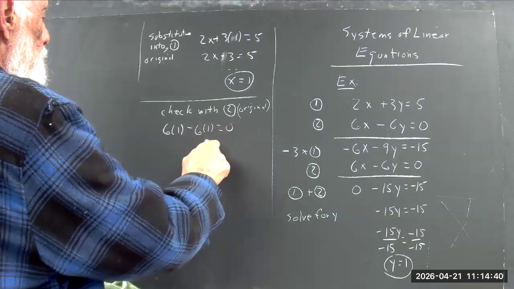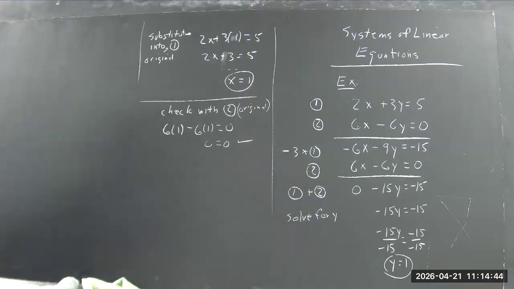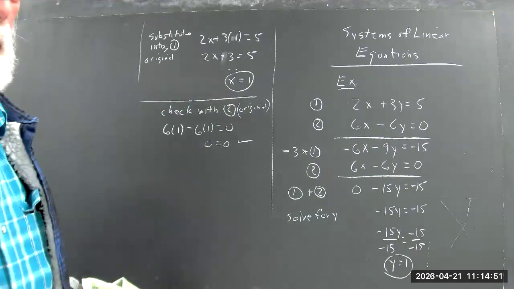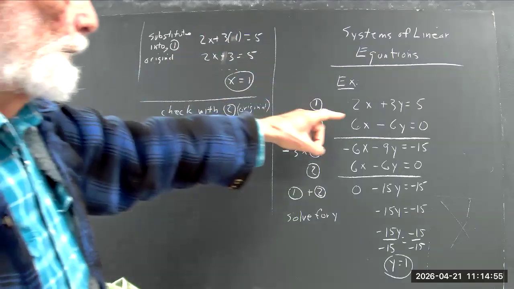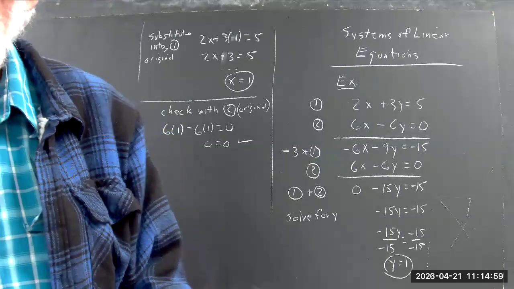Get 6 times 1 minus 6 times 1 equals 0, 0 equals 0, it checks. Okay. We can also check with the first equation. If we solve this correctly, we're pretty well assured. So sometimes we'll just stop here, but if you want to really be sure, plug it into the first equation, make sure it works in both equations.